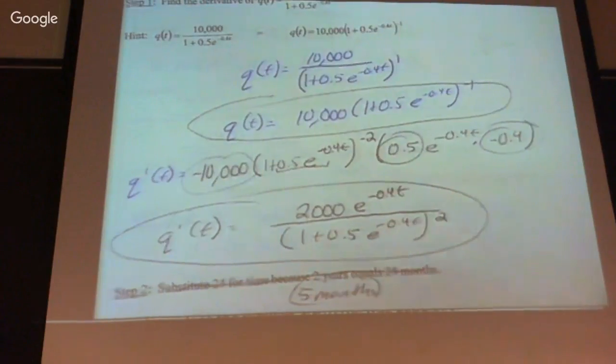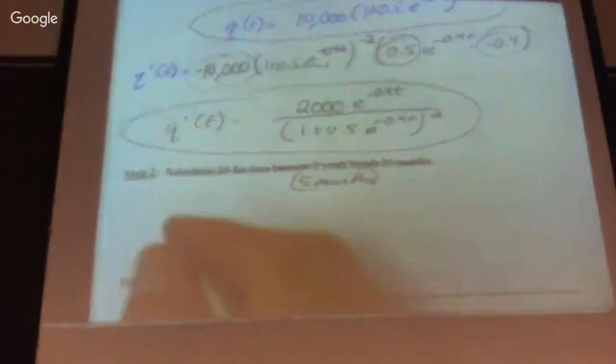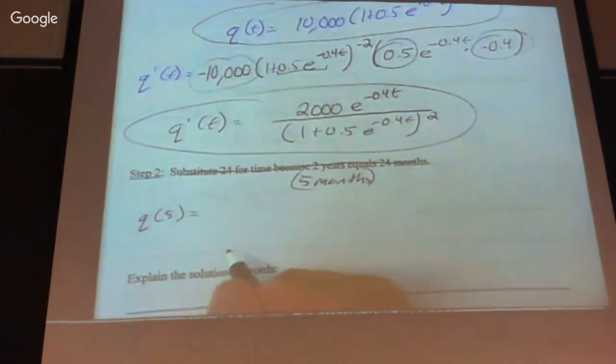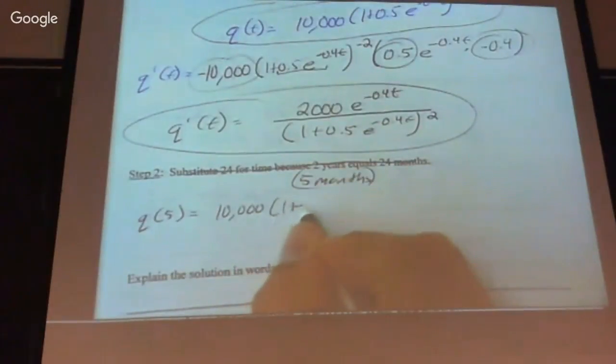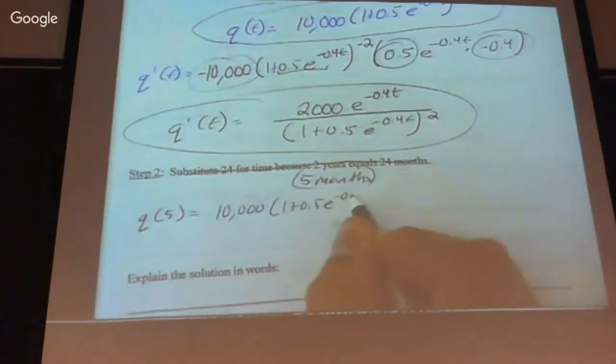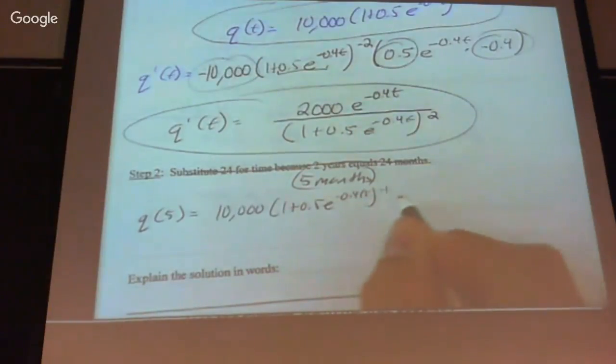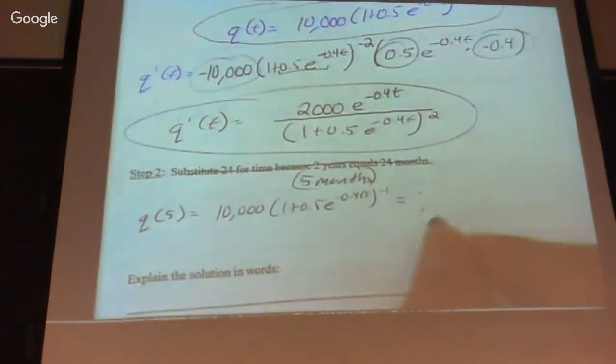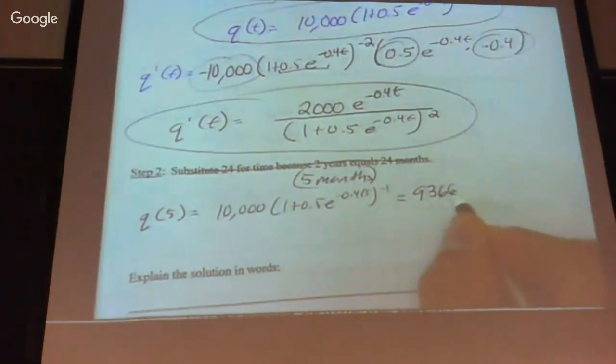Okay. You want to check your work. Again, I'm not going to write the sentence. I want you to write the sentence. If you plug 5 into the original, you would get 9,366.2.